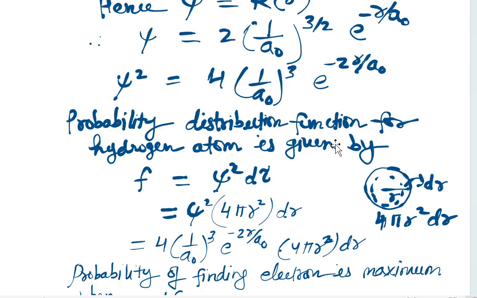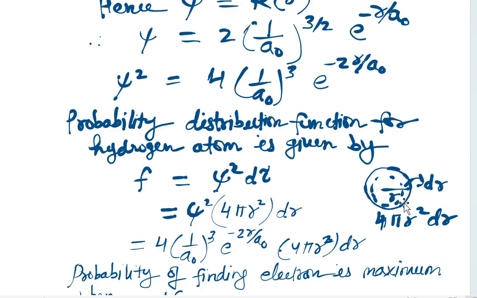Now the probability distribution function for hydrogen atom is given by F is equal to psi square into the volume element. What is F? This is the probability distribution function for hydrogen atom, and it is given by the square of the wave function into the volume element. What is this volume element? If we are representing the hydrogen atom like this, this is the electron, and its distance from the nucleus is r.